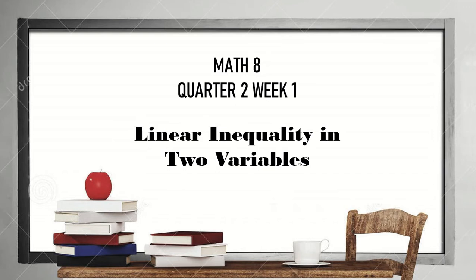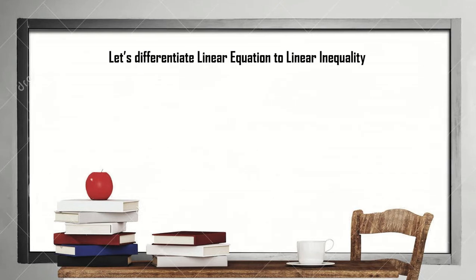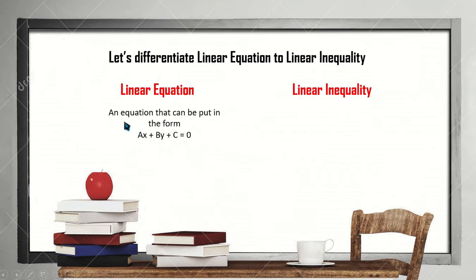Linear inequalities in two variables. Let's differentiate linear equation to linear inequality. So ano bang pinagkaiba ng linear equation at linear inequality? So linear equation is an equation that can be put in a form ax plus by plus c is equal to 0.